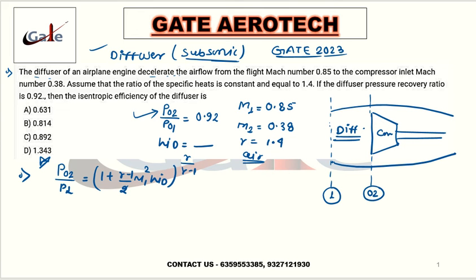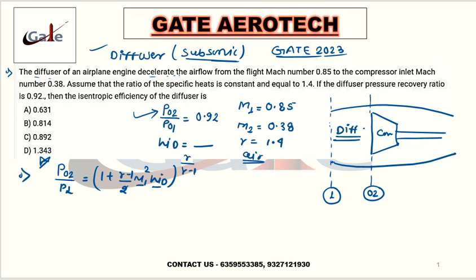This is nothing but the diffuser formula from the isentropic relation. I'm not going into that. I just want to solve this question, and I want to introduce why they have given the pressure recovery factor. They are asking the isentropic efficiency of the diffuser, M1 they have given, right?